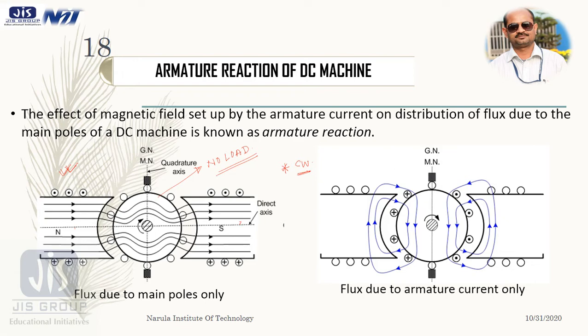And the horizontal line that passes through the central position of the two poles is the polar axis, or this is called the direct axis. So this is my direct axis, and this is my quadrature axis or interpolar axis, midway between the north and south pole.